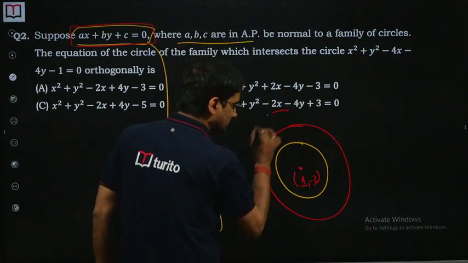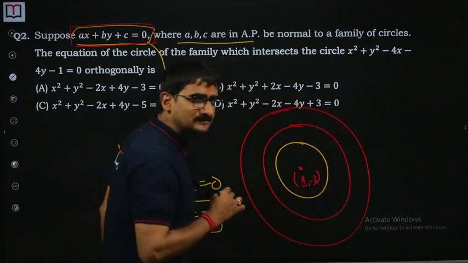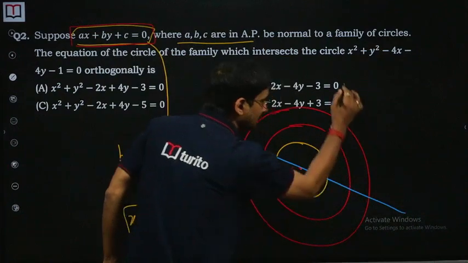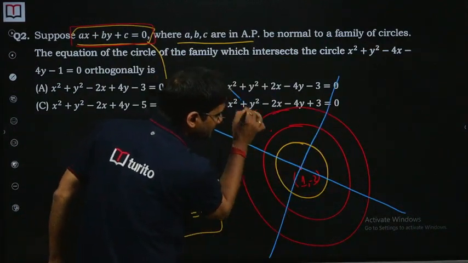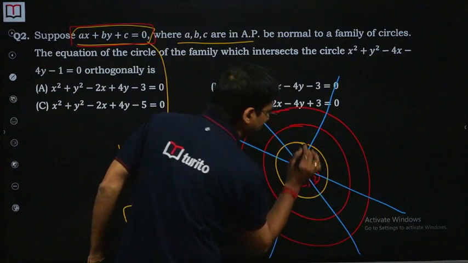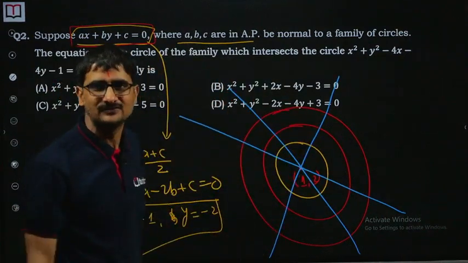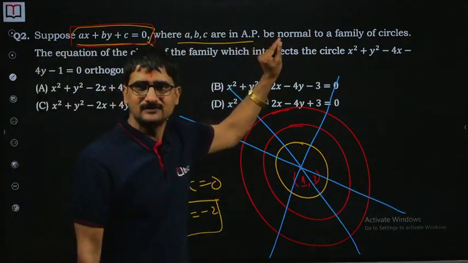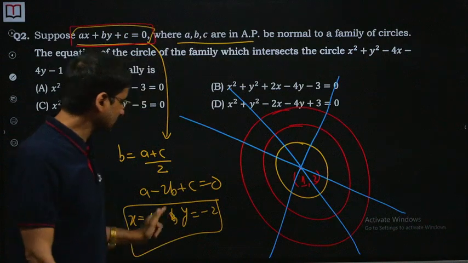Then only any line ax + by + c = 0 of this family will be a normal to every circle of the family. I think you got it. So all the members of this family have center (1, -2).